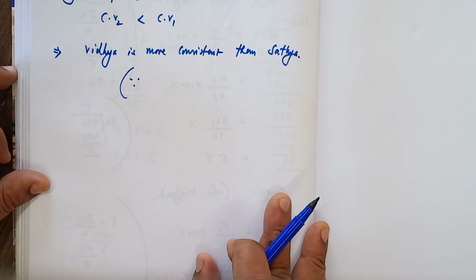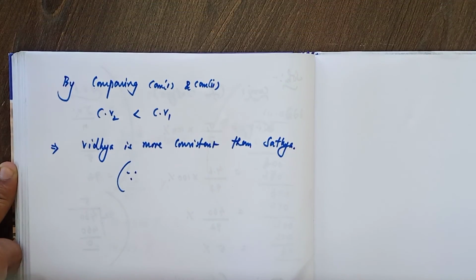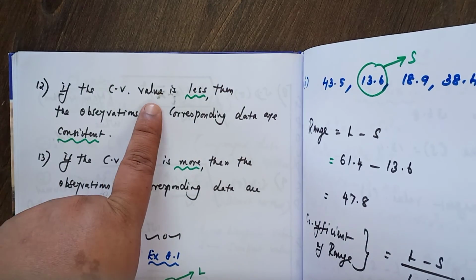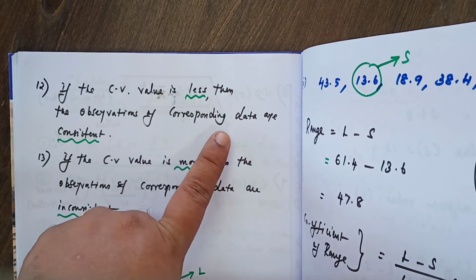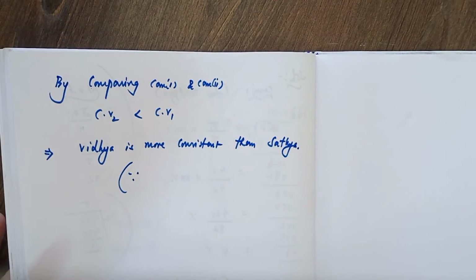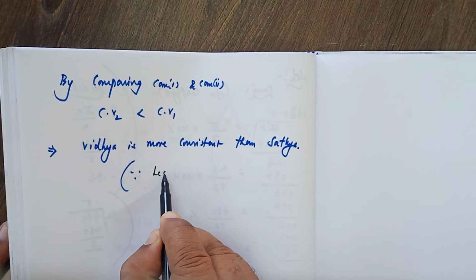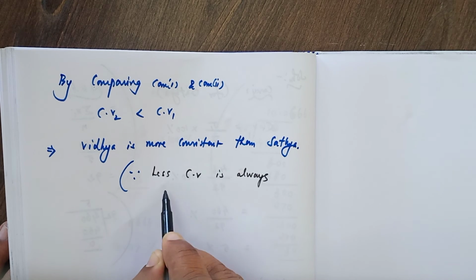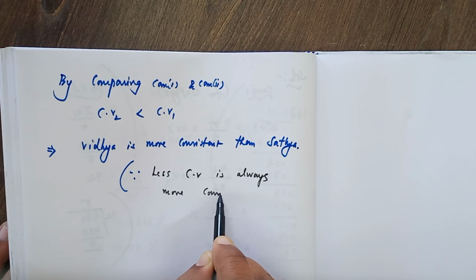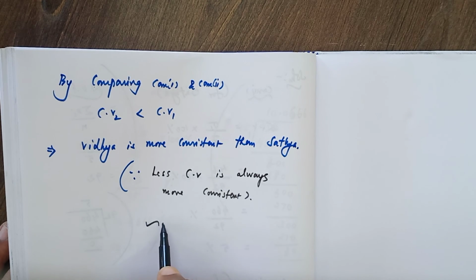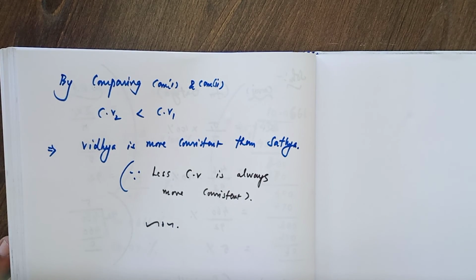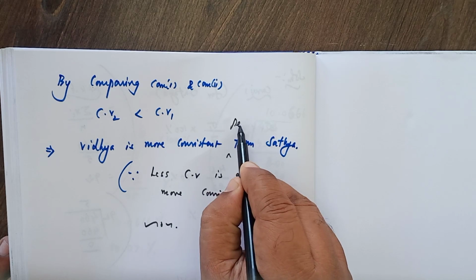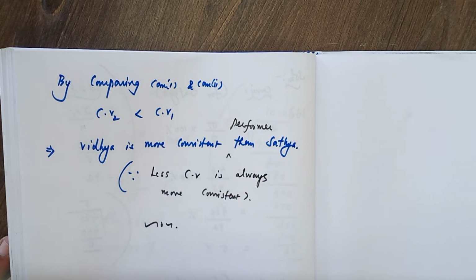Since I give the reason also, I already gave the note to look at that. If the CV value is less, then the observations of the corresponding data are consistent. Write the reason here: less coefficient of variation is always more consistent. So Vidya is a more consistent performer than Satya. That's all.